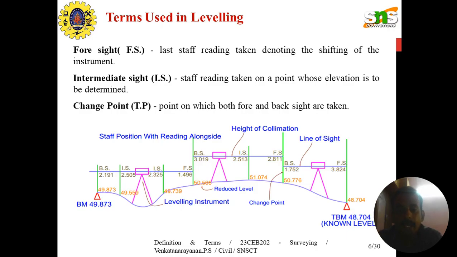So have a look at this diagram. Here the reduced level of benchmark is given as 49.873 meters and the instrument is kept at a point.